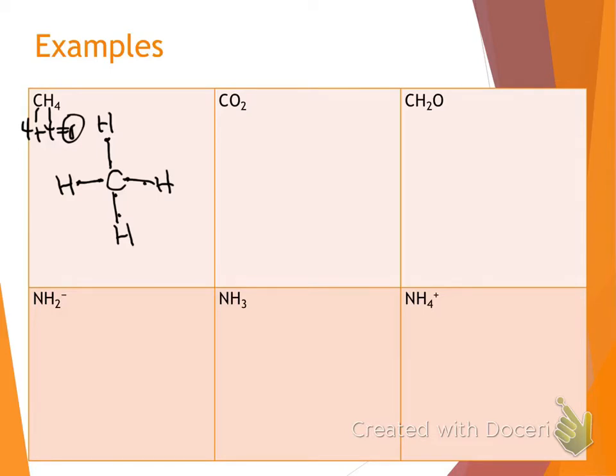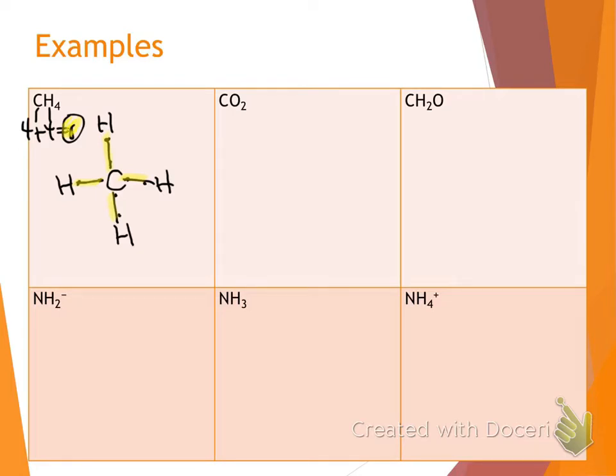So now carbon has 8 total electrons. It has 4 bonds, 2 that it's sharing in each for a total of 8 electrons. Hydrogen only needs 2 electrons to be stable because only 2 electrons are required to fill its valence energy level, and it has those 2 electrons that it is sharing with carbon. Everyone's stable. We only used our total 8 valence electrons.